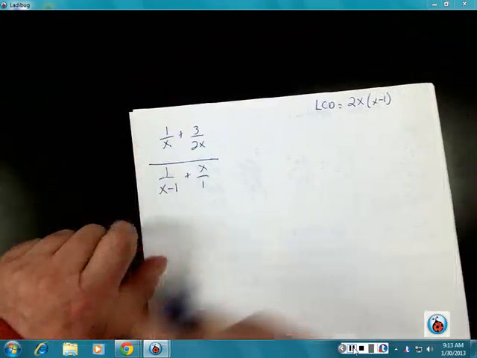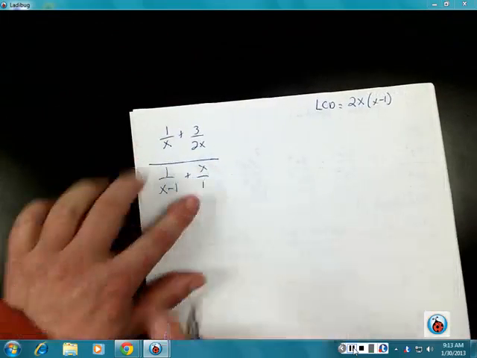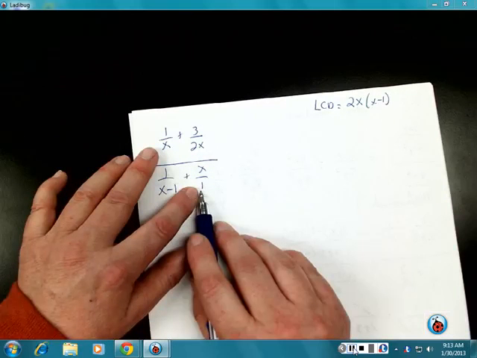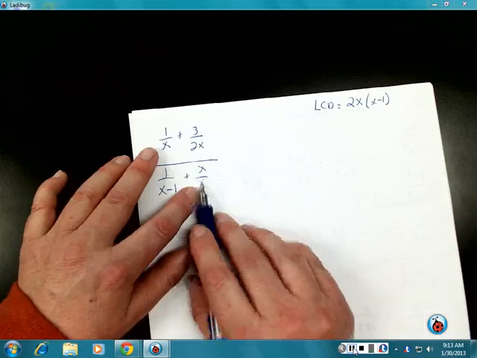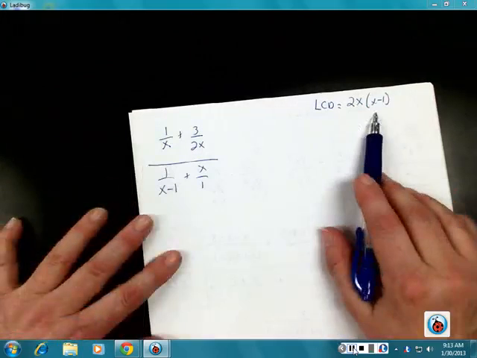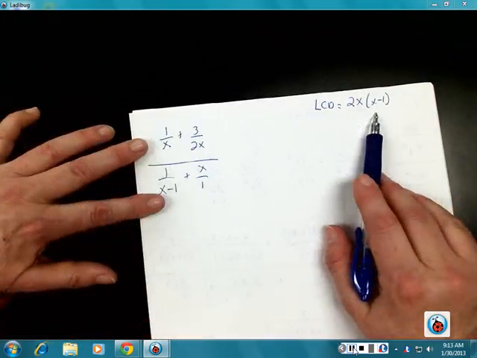Okay. If I go to the last one, do I still need anything in this last one? I got a 1, so that's not going to make any difference in anything that I have. So this becomes my LCD. You okay in finding that?